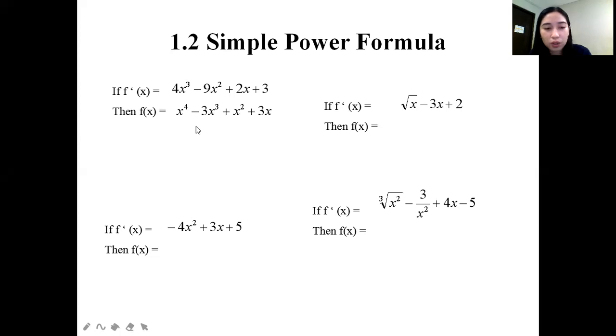So n is 4. So 4 minus 1 is 3. So mao ni ang iyahang derivative. Pero in this topic nato kay gihimo nato baliktad. Given ta ang iyahang derivative, pangitaon nato iyahang original na equation or function. So, 4x cubed, gamiton na nato ang kx to the n plus 1 over n plus 1.